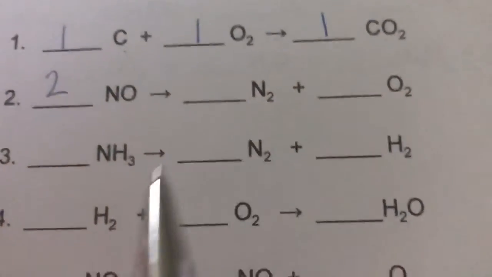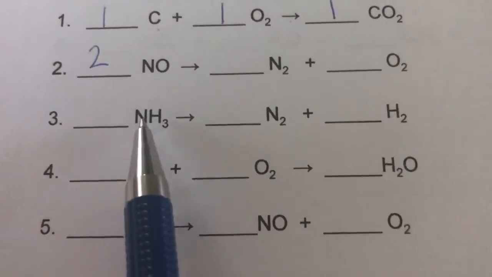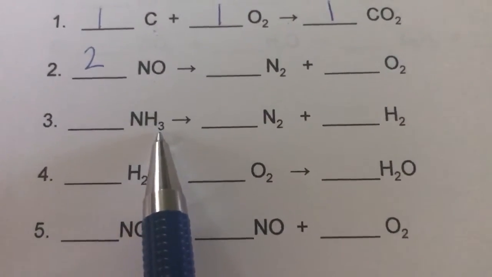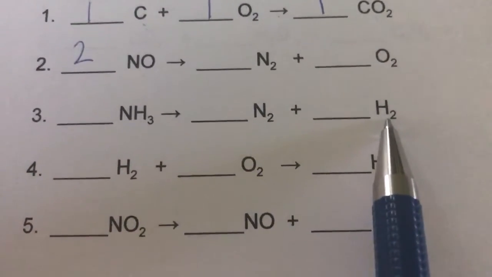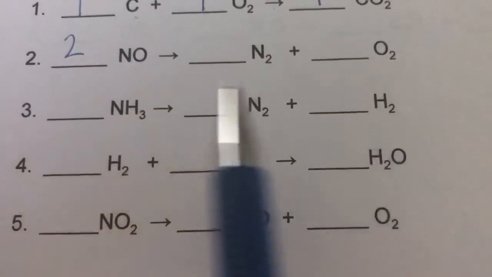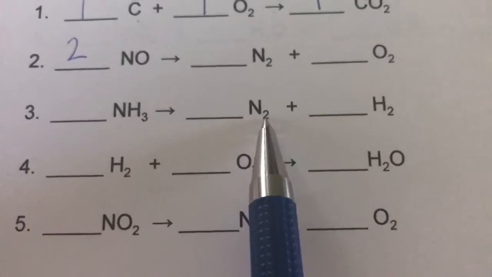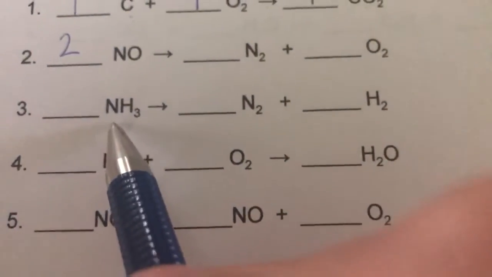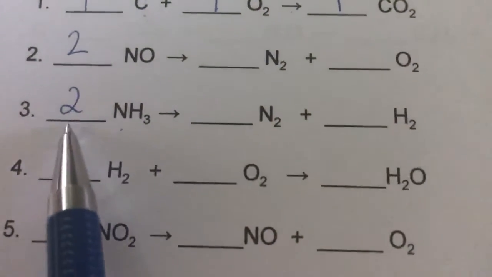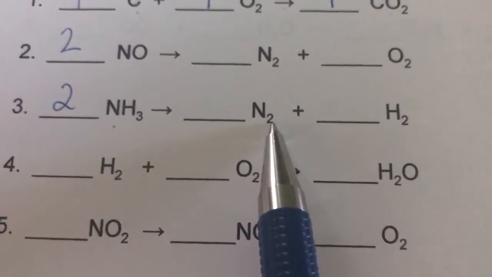When you look at equation number 3, you have ammonia, 1 nitrogen and 3 hydrogens, producing nitrogen gas and hydrogen gas. And you can see right away that we have an issue because you have 1 nitrogen for every 2 hydrogens. So what I'm going to do is multiply this nitrogen over here by 2. By placing a 2 out front, now I have 2 nitrogens and I have 2 nitrogens.